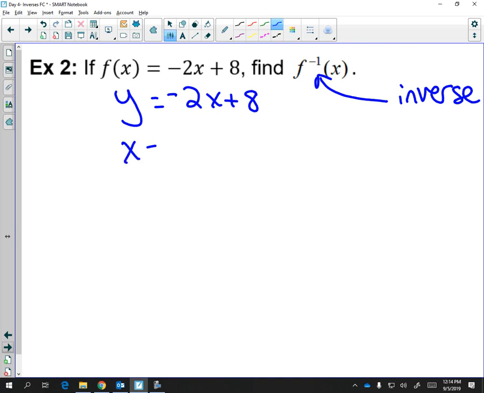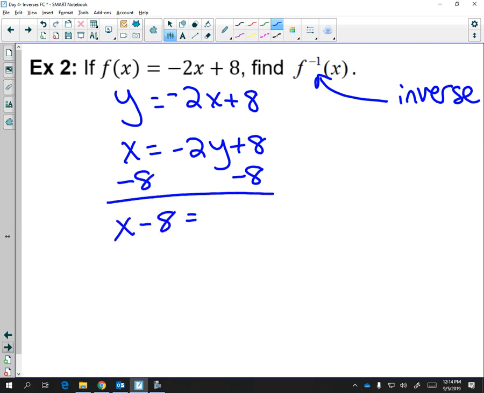So x equals negative 2y plus 8. Now you get y by itself. x minus 8 is equal to negative 2y. And you're going to divide everything by negative 2 to get the y by itself.